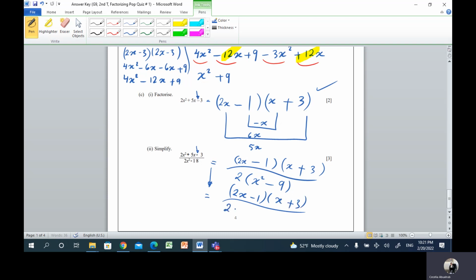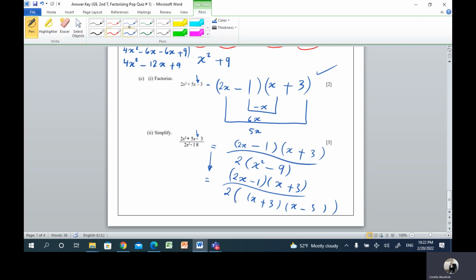And here, 2 times small brackets inside the big bracket. Because x squared minus 9, x squared is a squared term and 9 is a squared term, so plus minus x, 3, 3.